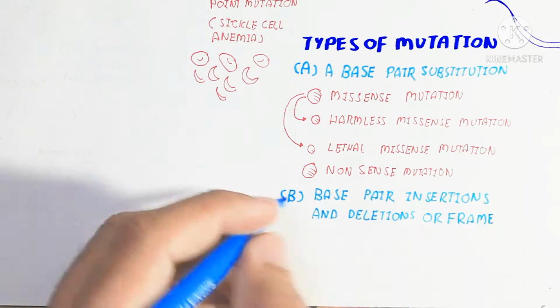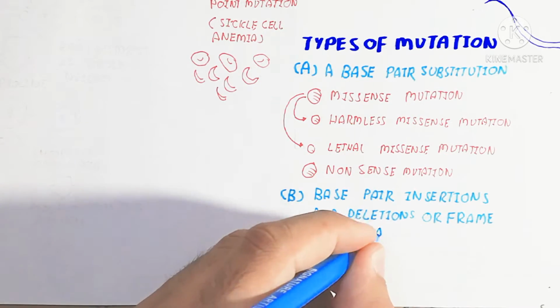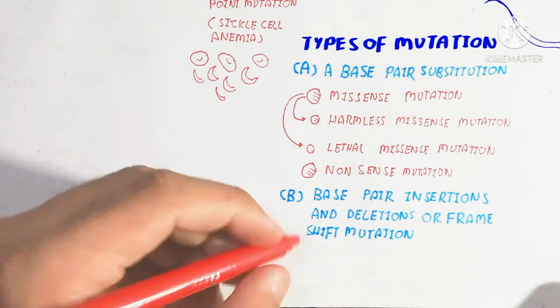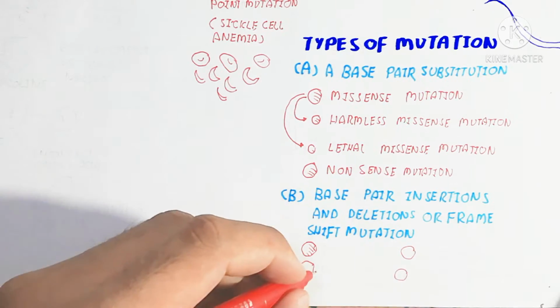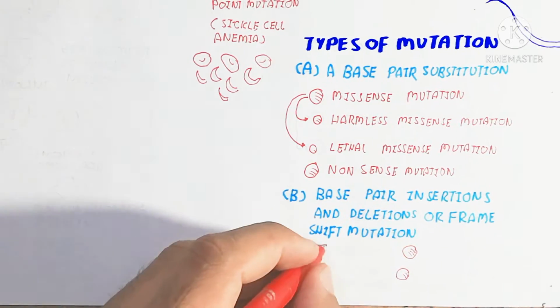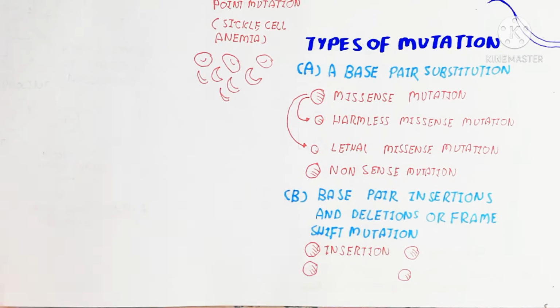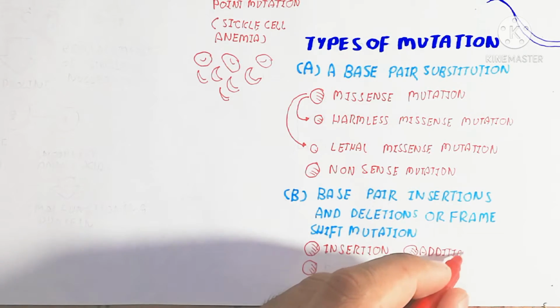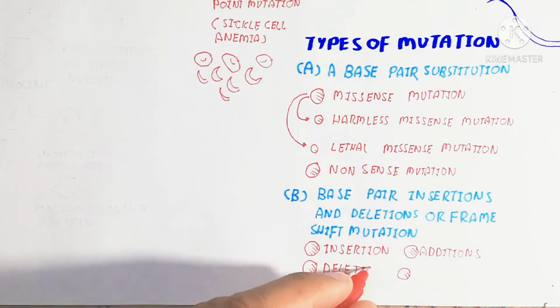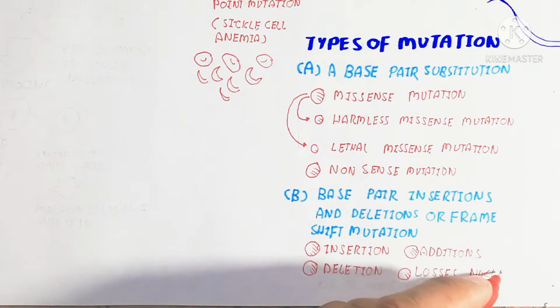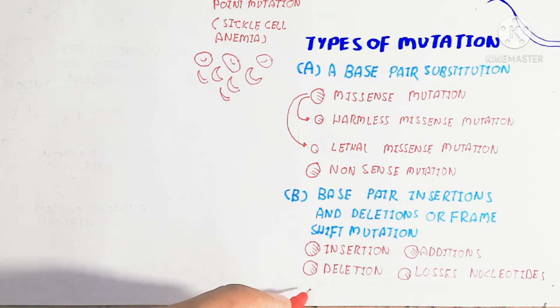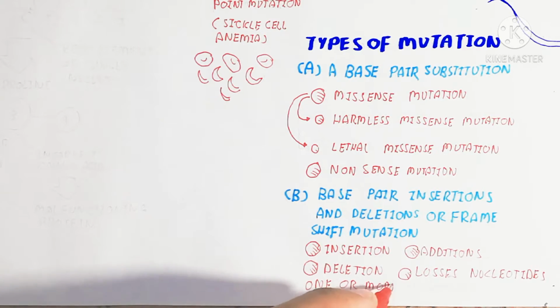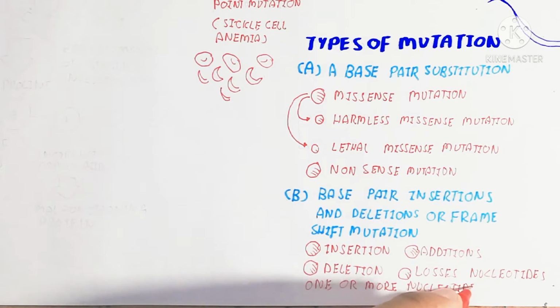Nonsense mutation is also part of base pair substitution. Base pair insertion and deletion, or frameshift mutation, also occur. This type involves insertion, addition or deletion, where one or more nucleotides are lost or added.